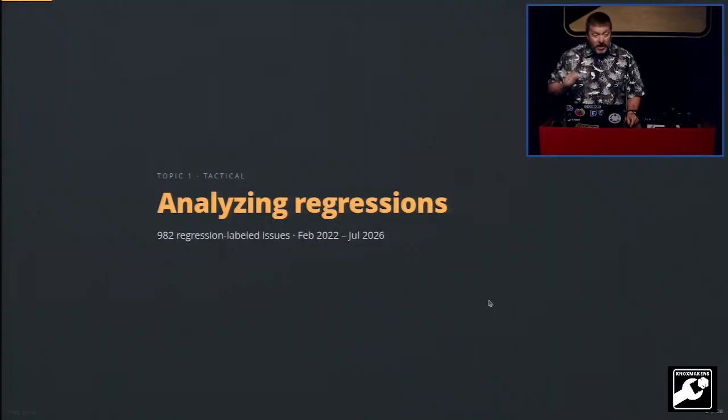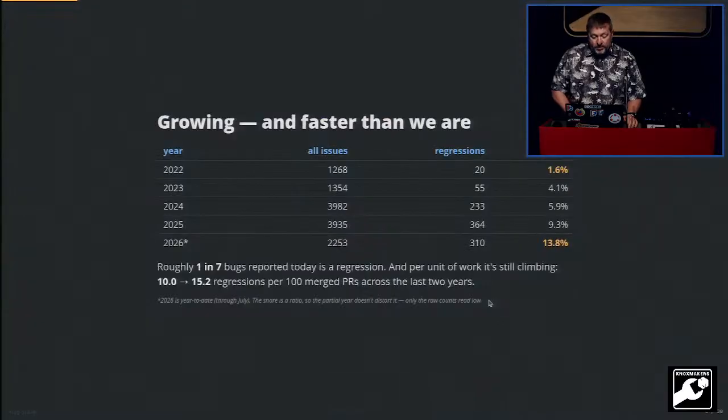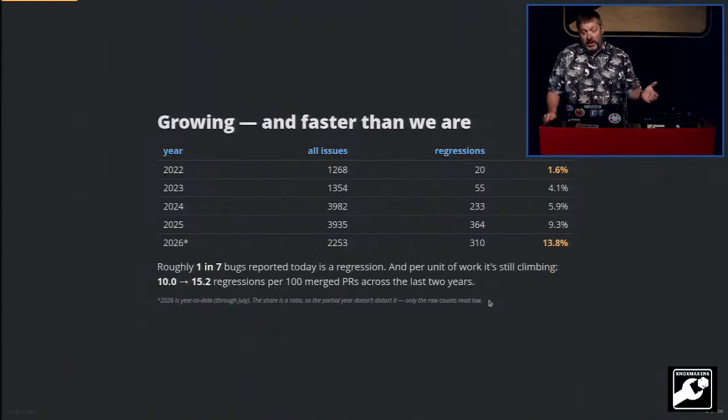So I dug into this, and since the tracker has been in place, there are almost 1,000 regressions, or labeled regression issues. And they are growing. Now, that's not necessarily a bad thing because we're looking for them now. We've got a label, we're giving them a lot of attention, and so they tend to get a lot more focus.